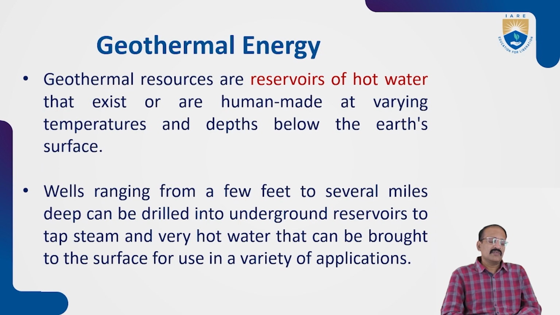Actually there is a big layer inside the earth's crust where there is molten rock, or heat, in the molten stage. And the ground we are now walking on is above it. In between there is a medium formed of many rocks.